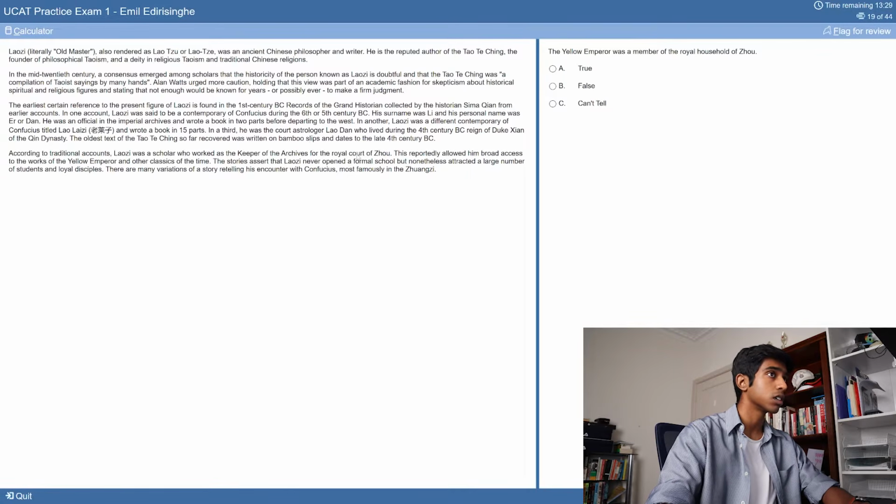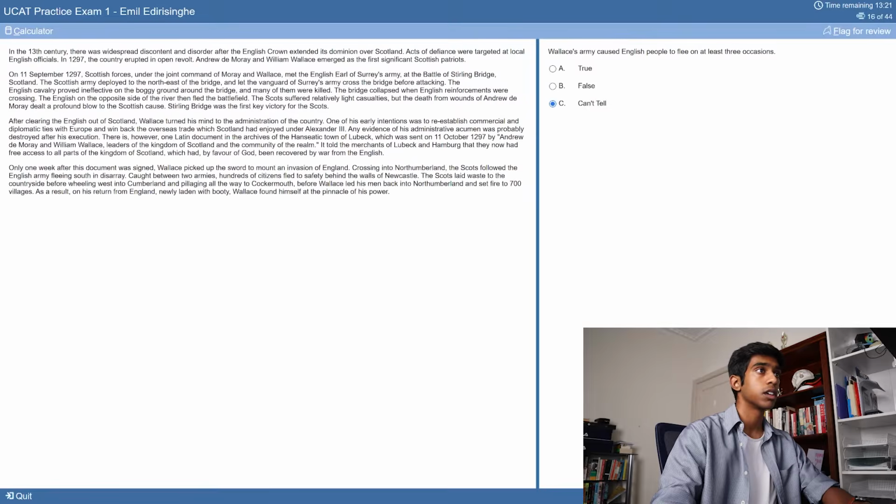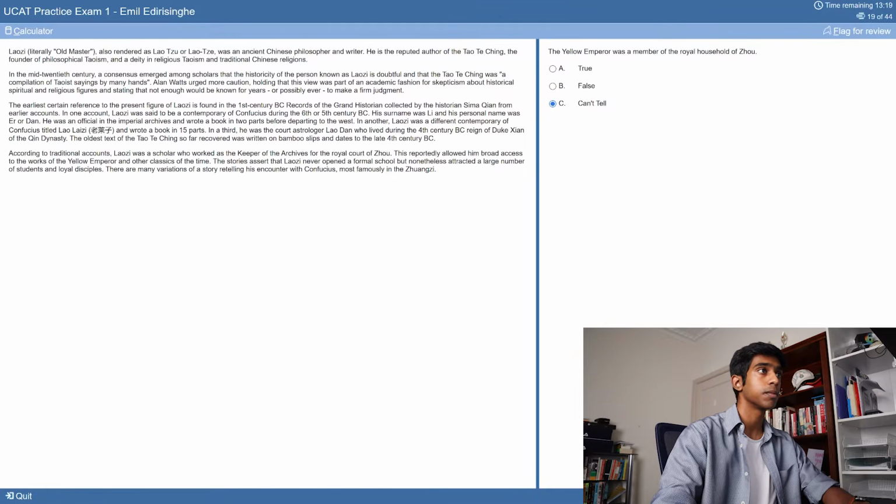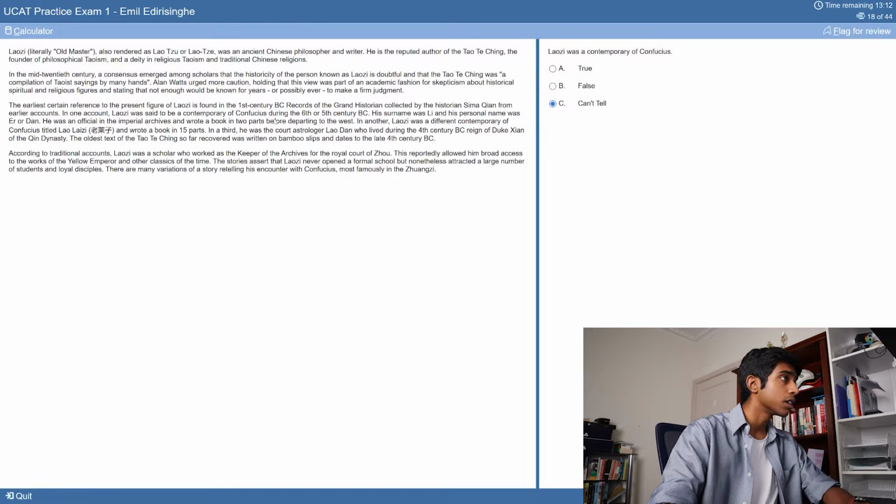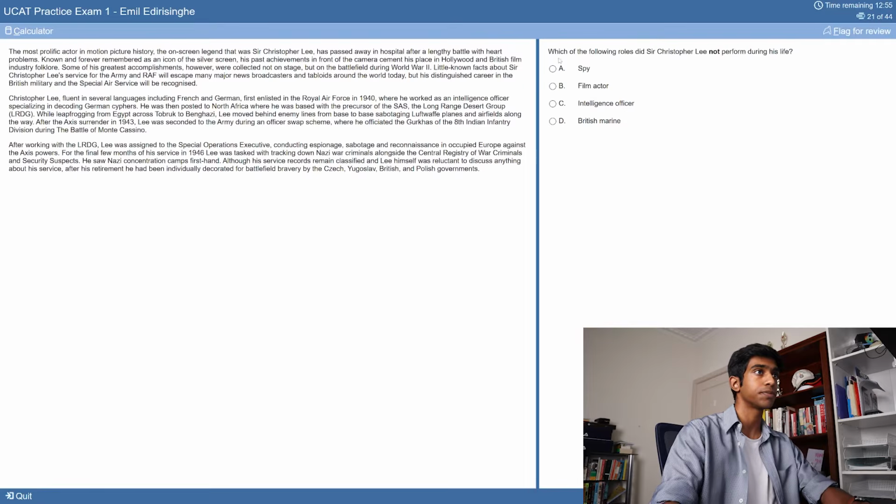So, don't know if they're actually a member. Yeah. Lao Dan is known to be a court astrologer in the time of Confucius. So that was here. Court astrologer. So this was 4th century BC, so it's false.